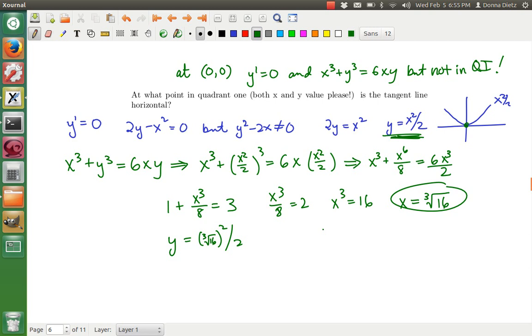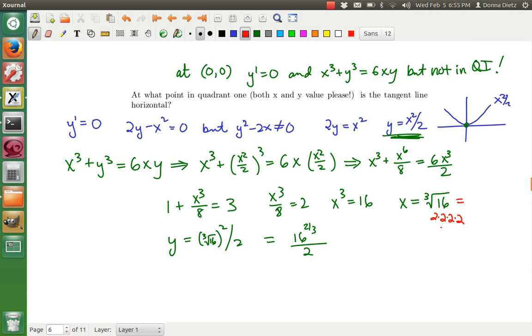Well, let's see. We're going to get 16 to the 2/3 over 2. I'm going to reduce this because I'm not happy with this. However, that being said, if you got this far, I'd be totally fine with that. But I feel compelled to do a little better than that. 16 is actually 2 times 2 times 2 times 2, right?